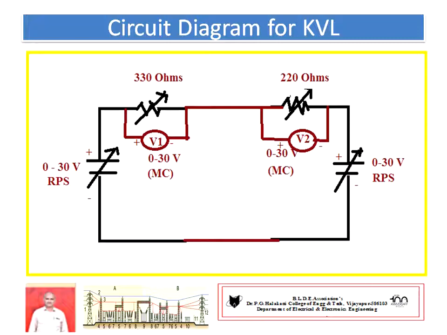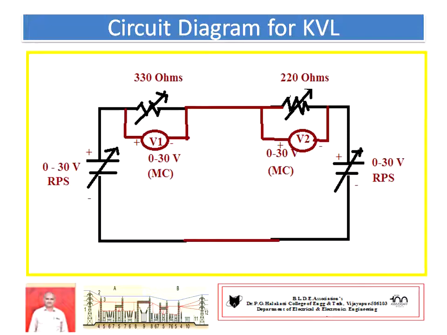You start from one of the DC power packs, positive end going to one end of the 330 ohms resistance. The other end of the 330 ohms resistance goes to the first end of the 220 ohms. Then the other end of the 220 ohms goes to the positive point of the second power supply. Then the negative points of both power supplies are connected.